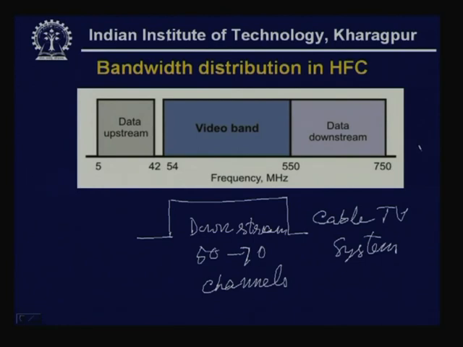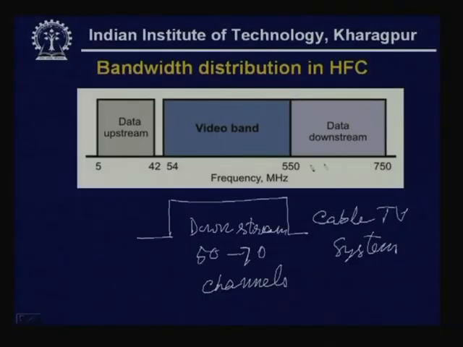You may be asking why the upstream bandwidth is smaller than the downstream bandwidth. Usually it is used for internet service, that is, for providing internet service to the residential users. In such cases usually the data going from the users to the internet is small.